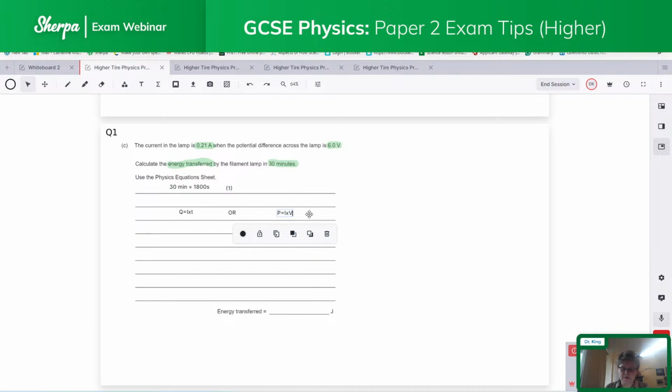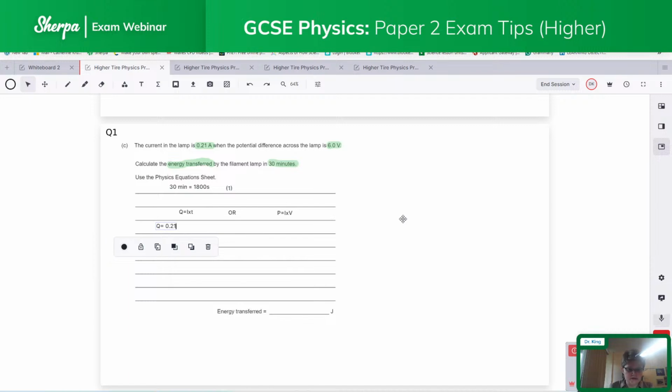You just need to know how to get from the information they give us to calculate the energy that was transferred. So I will do both ways. In the case of the left side, my Q, I have all the information I need.